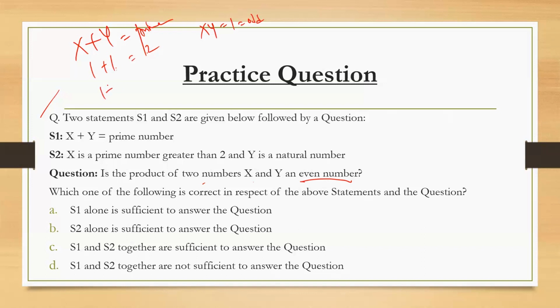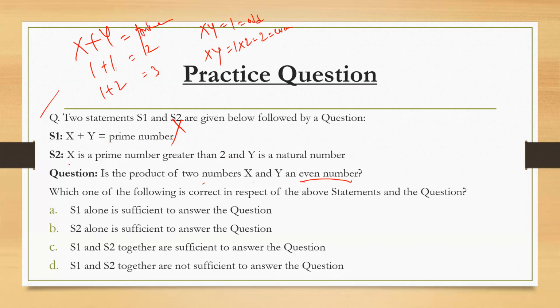If I take 1 and 2 here, what happens? 1 plus 2 is 3. 3 is again a prime number. Now xy is 1 into 2, that is 2, which is even. That means here xy I'm getting as either odd or even. We are not getting a definite answer from statement 1. So we remove this aspect.